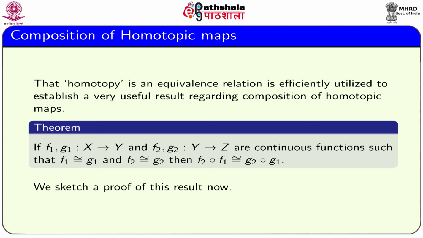And also a pair of functions f2 and g2 are given from Y to Z, and it is known that f2 and g2 are homotopic. Then the result says that if we compose f2 with f1 and compose g2 with g1, we are going to get homotopic functions. That means f2 composed f1 will be homotopic to g2 composed g1. Please sketch a proof of this result now.